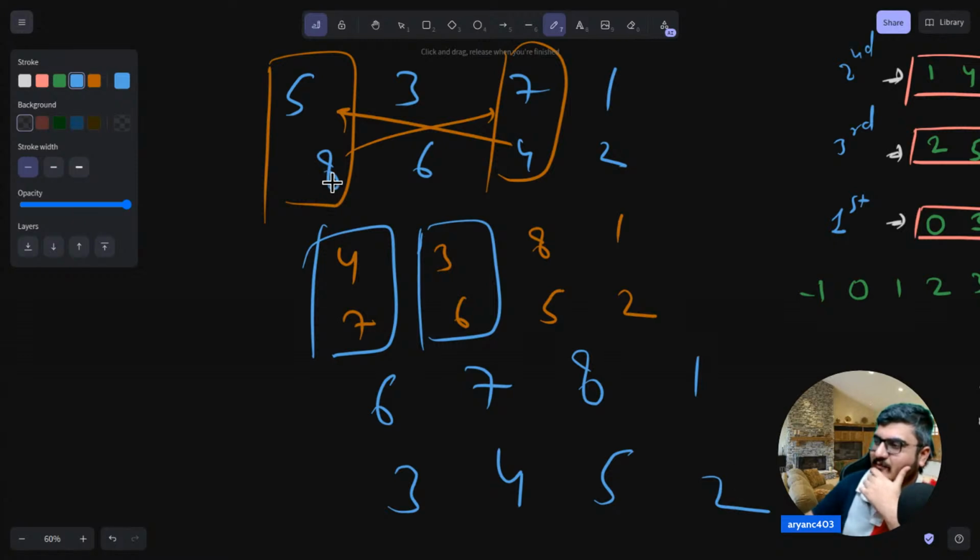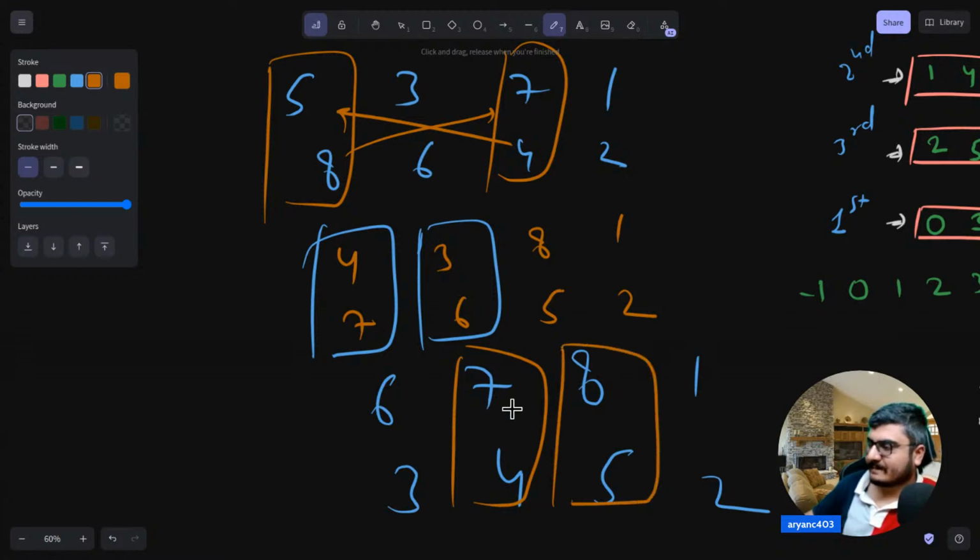Basically, my idea is I want to swap these two and keep the order same. Now let's do a swap between these two. We will end up with 6 5 8 3 4 7 1 2.